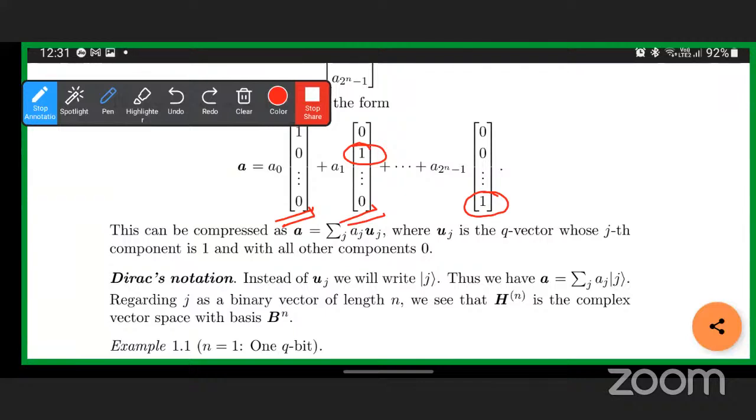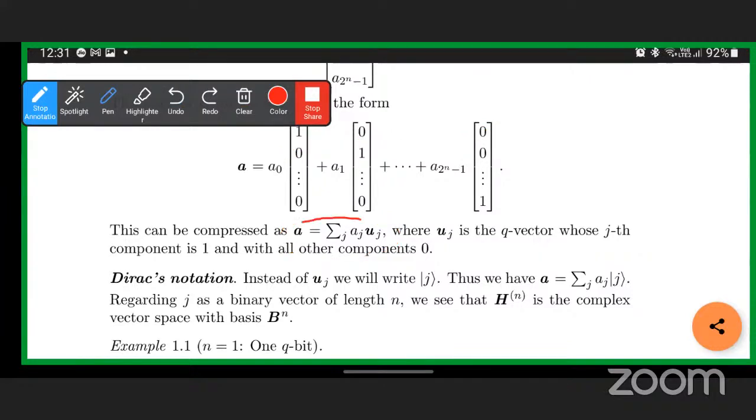So this A can be written in compact form like this, where uj is the Q vector. These are Q vectors.